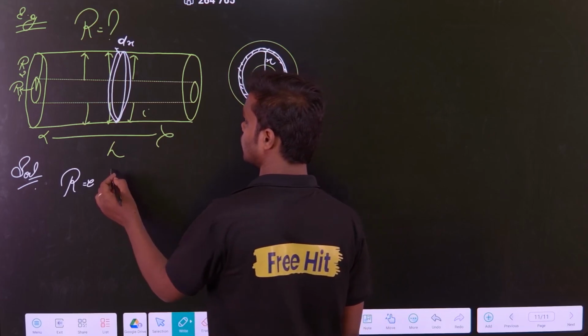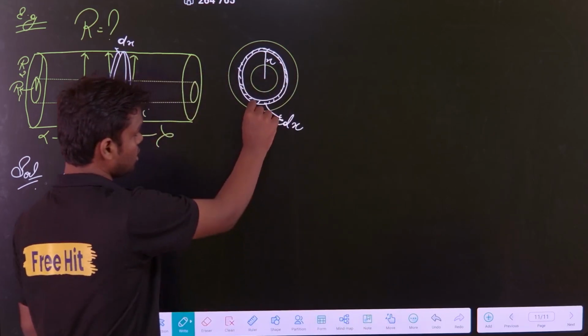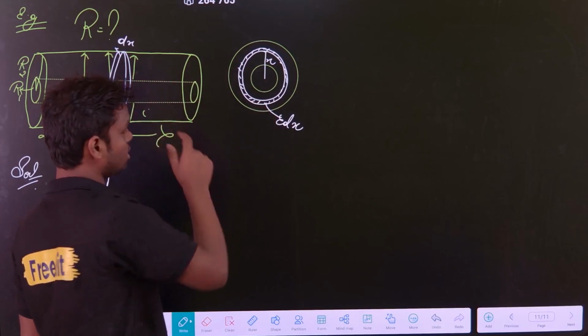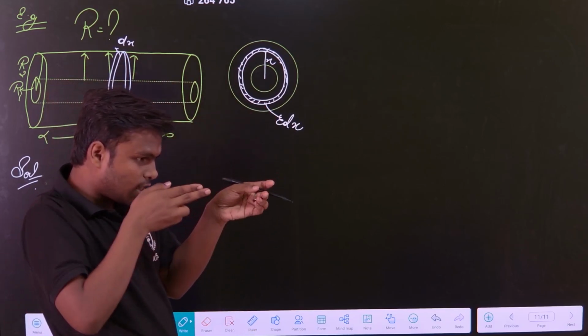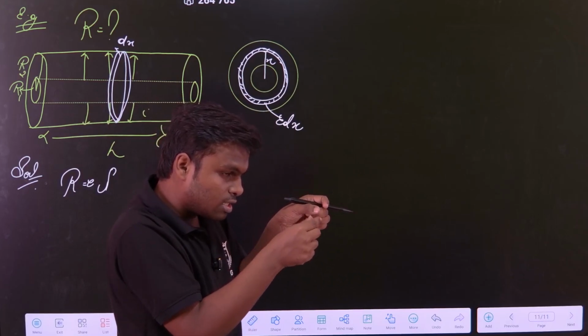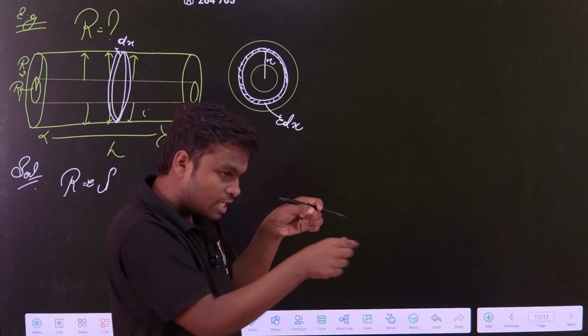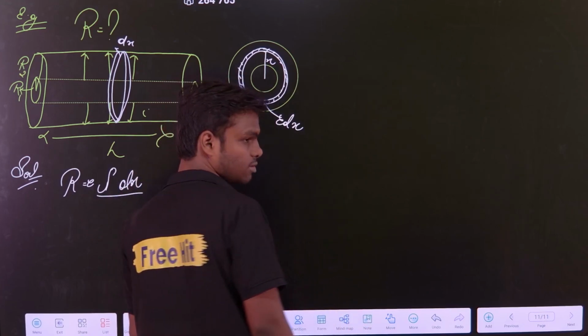First tell me what is the length. For this strip you have to think, don't think about the others. The current is crossing this surface. So how much length is it crossing? The thickness of this strip, that is dx. The length is dx. Correct?